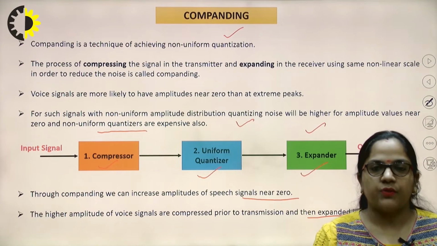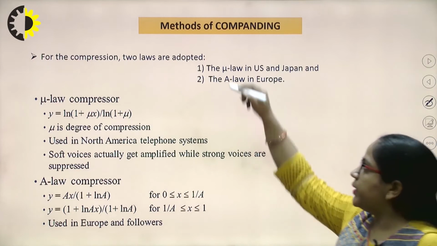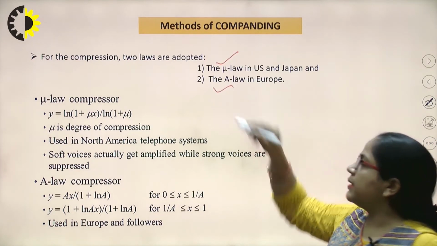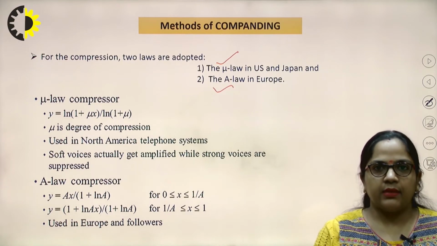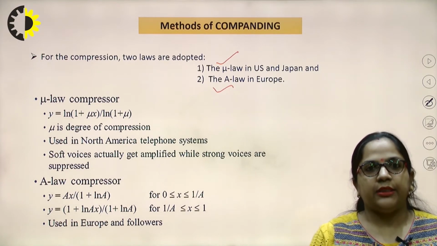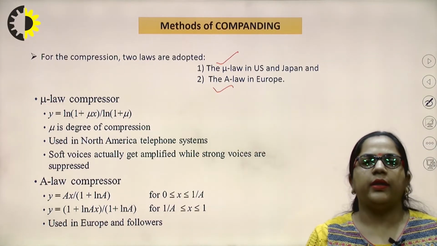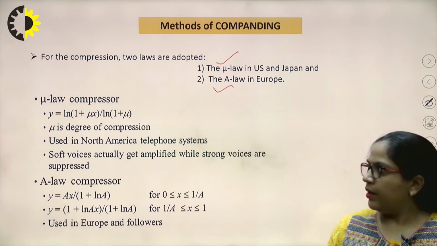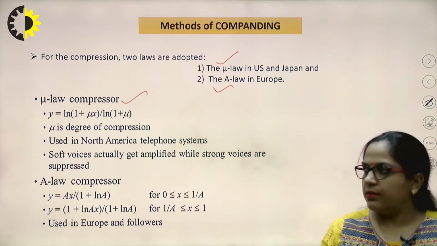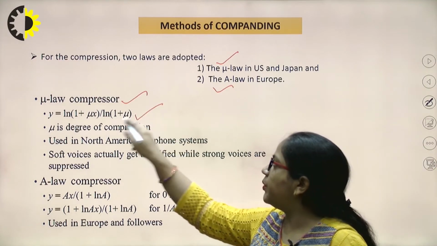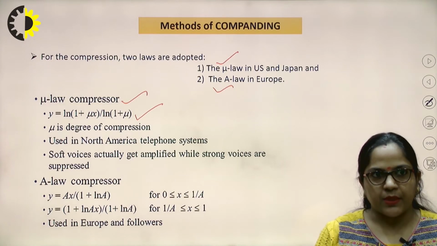Now, the question comes, how can we perform this companding? There are two laws with the help of which we can perform companding. The first is the mu law and the second is the A law. Mu law is generally followed in the US, North America and Japan, while the A law is followed in Europe and some other countries. The standard and specification of the mu law compressor is this expression, with the help of which we can perform the compression of the signal that we want to transmit.